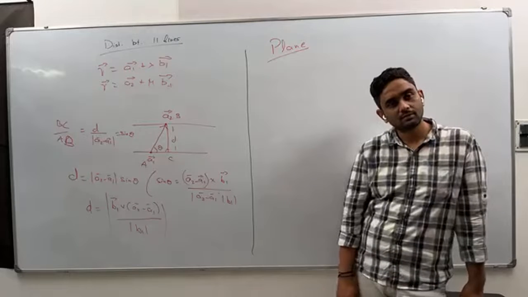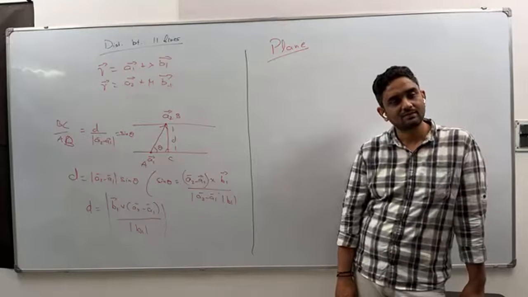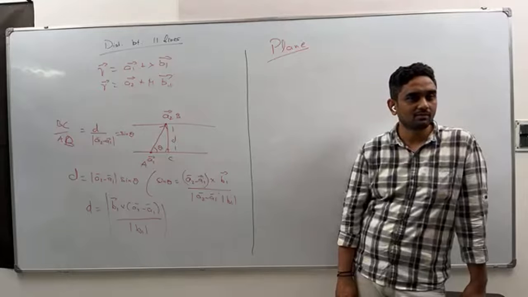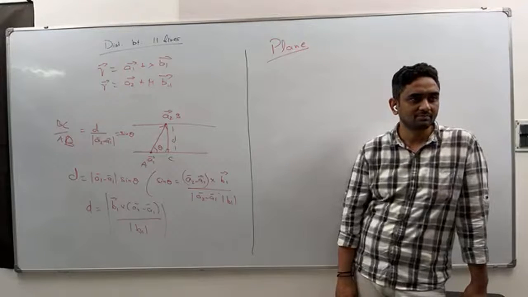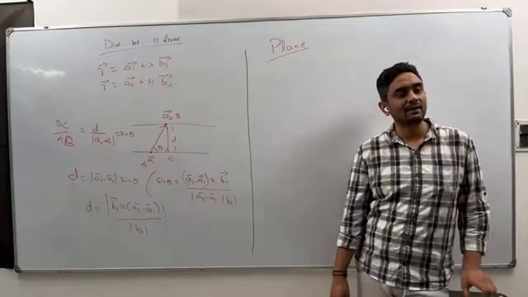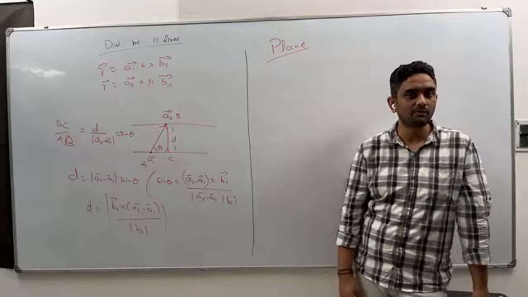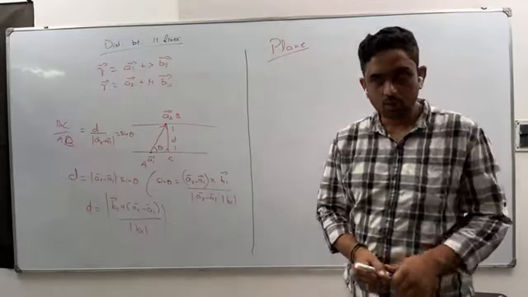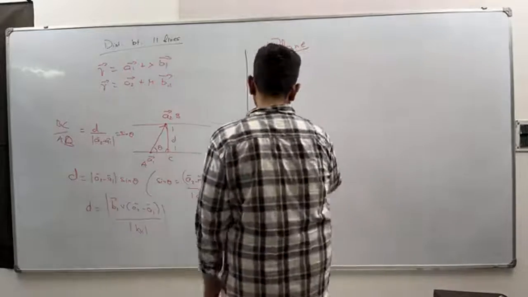Why 3 points? 3 points form a triangle. A triangle is a plane figure. The plane of the triangle will determine it. So one way is that you should have 3 points.